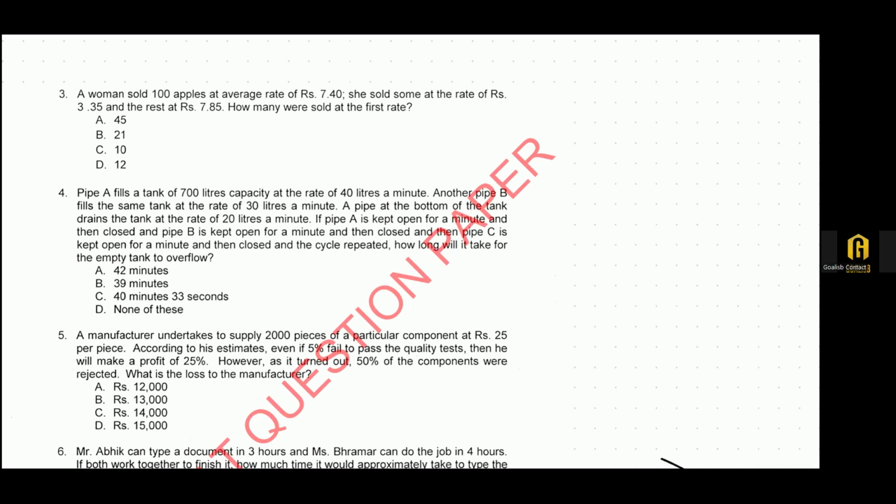3.35 rupees. So the total money that she would have received after selling x apples would be x into 3.35, and the money received by selling the rest of them would be (100 minus x), the number that she would have sold at a price of 7.85.